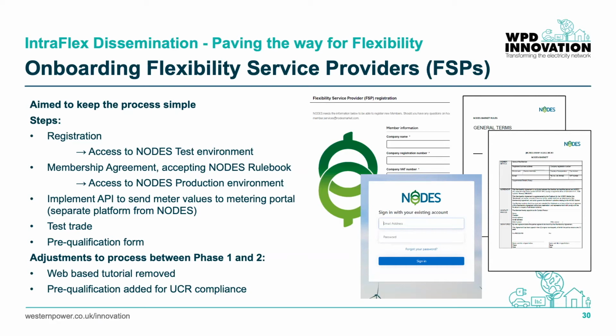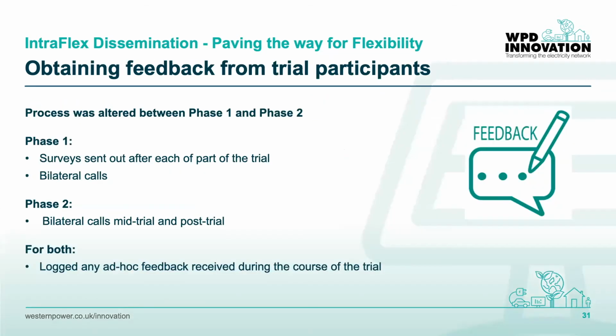For phase 2, we added a pre-qualification form that participants needed to complete at the end of the onboarding process. So this was something that we added for WPD's compliance with the utility contract regulation. The next slide, please.